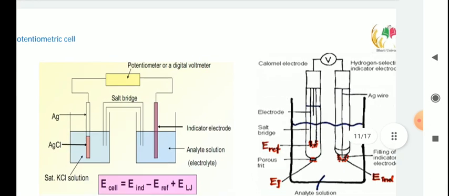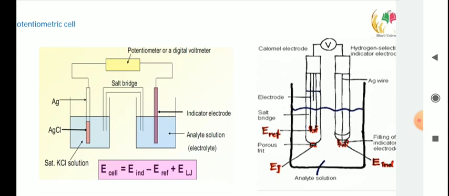Here is a very good example: E cell is equal to E ind minus E reference plus E LJ. Here we are taking two beakers which we can attach with a salt bridge. In the first beaker you can use saturated KCl solution where a silver electrode is used, and in the second beaker you can use an indicator electrode or any reference electrode.